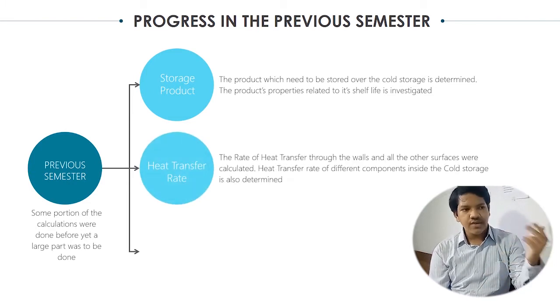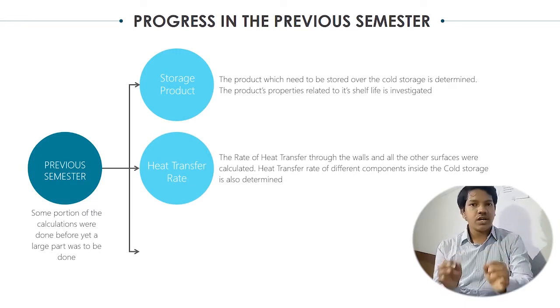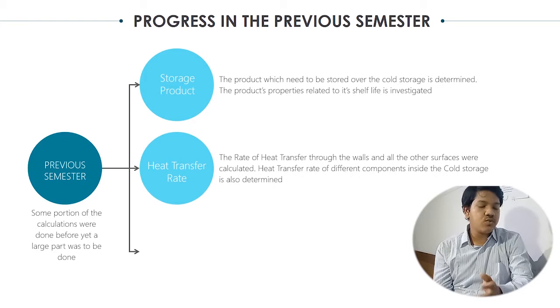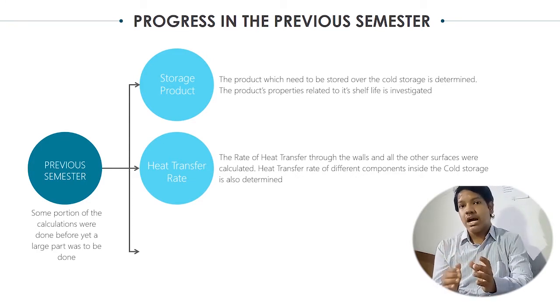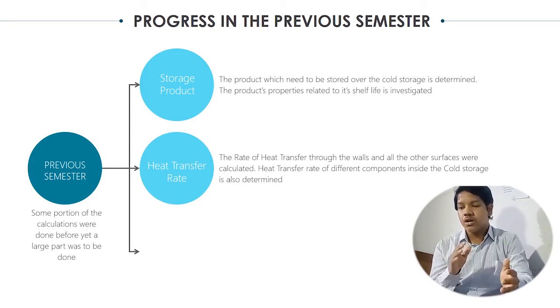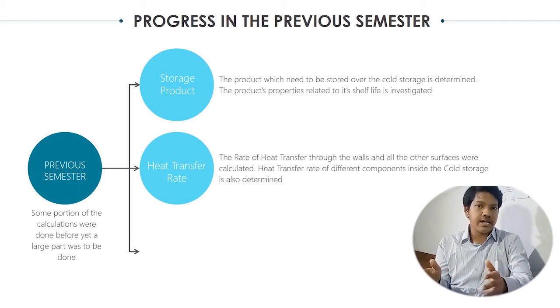Then we have also done the heat transfer rate. In order to have a certain amount of cooling over the total facility, we need to know how much heat transfer is going on over the total area.